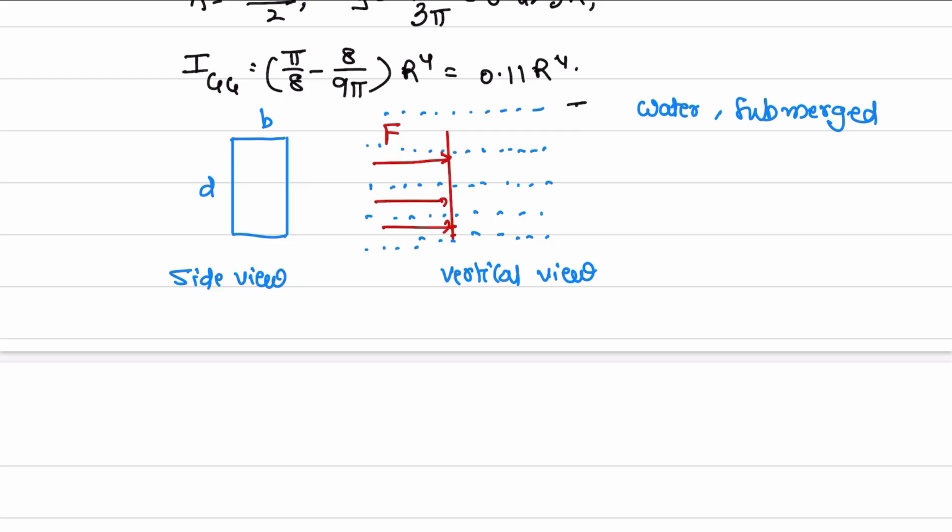The height of the water column, if it is equal to or more than the depth of the submerged surface, then we can mean it as fully submerged.